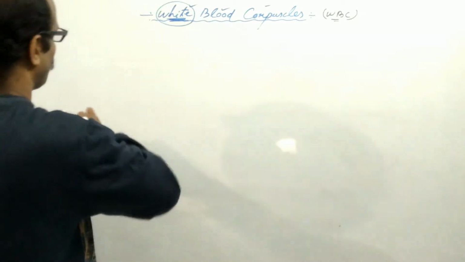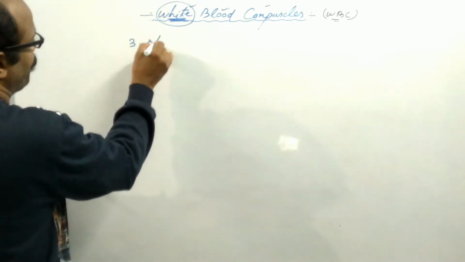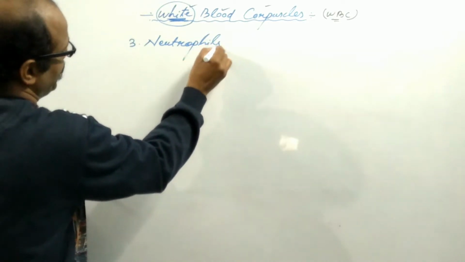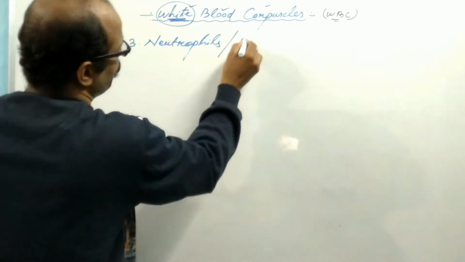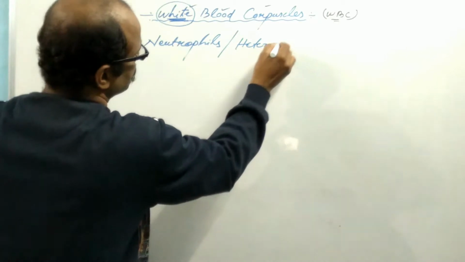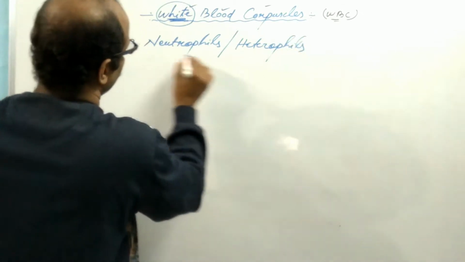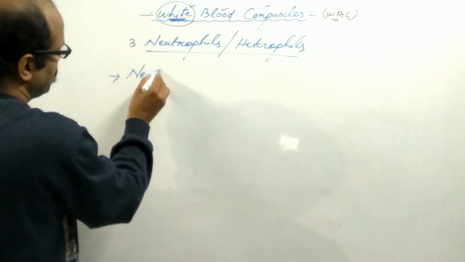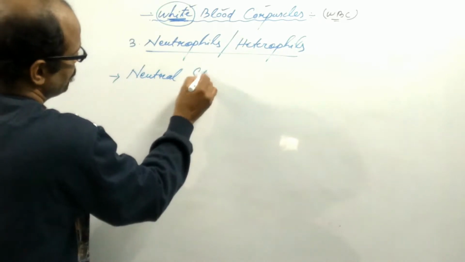Now come to the neutrophil. Neutrophil is also known as heterophil. These are known as neutrophil because they are stained with neutral stain.